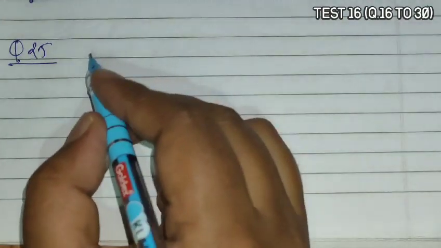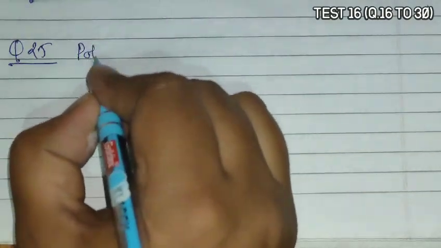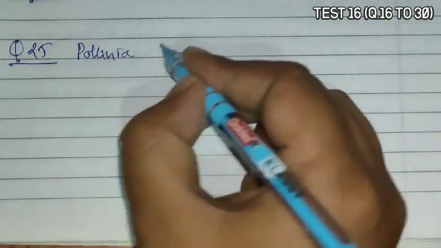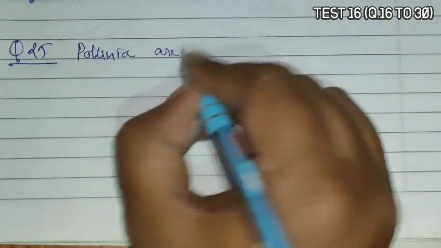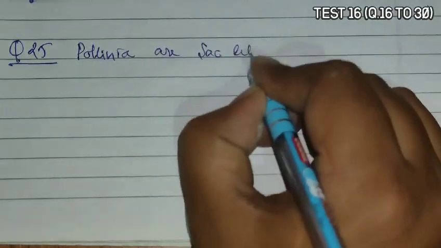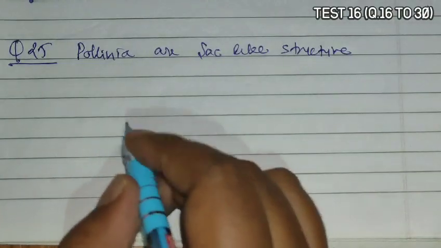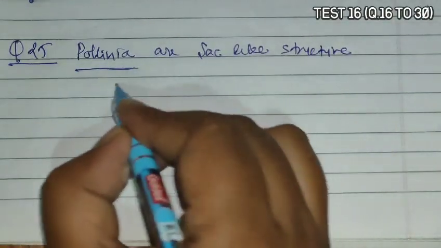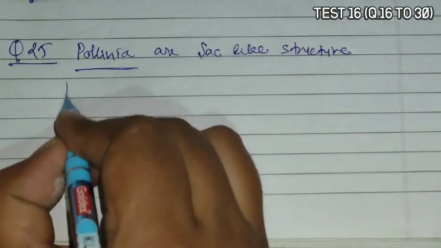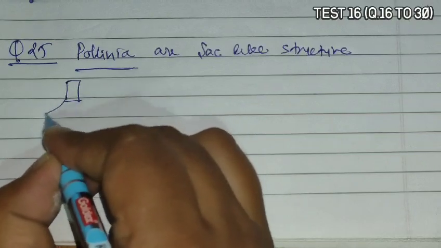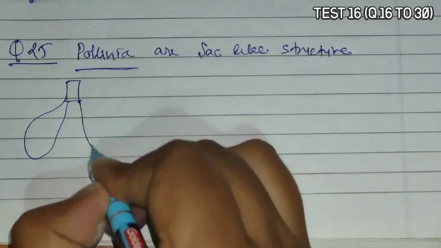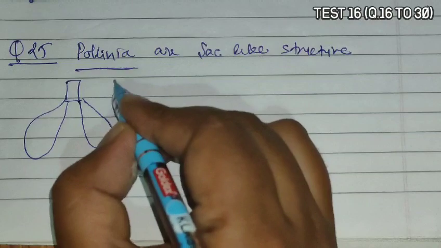Question 25 asks that pollinia are a sac-like structure. Pollinia, which is the plural of pollinium, are a sac-like structure, and you will find somewhat this diagram, and this acts as a pollinia.